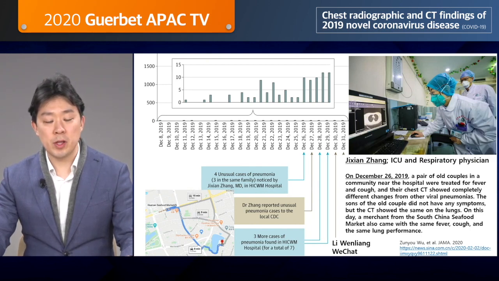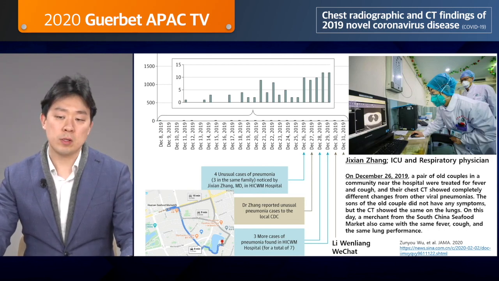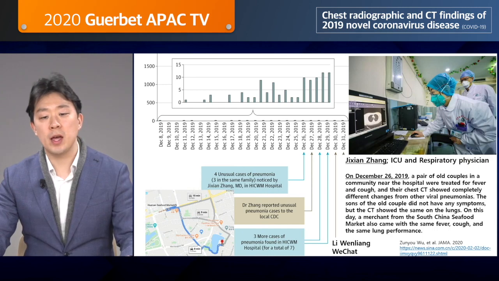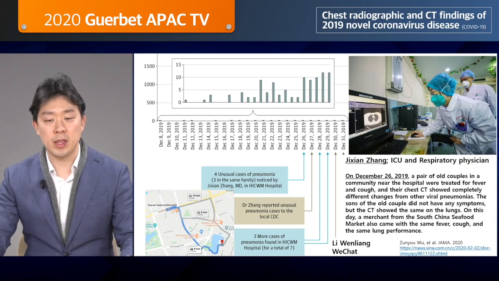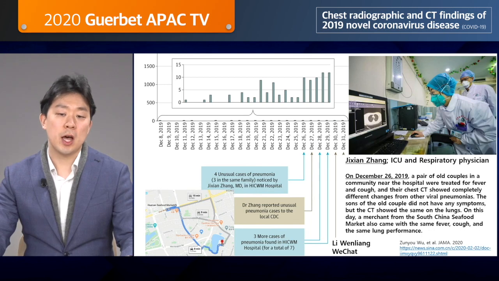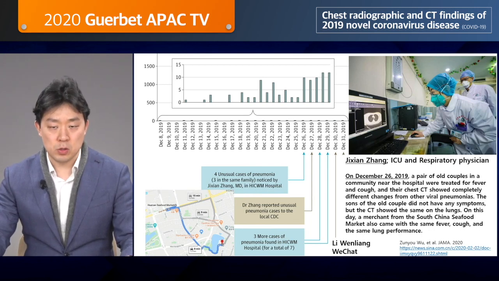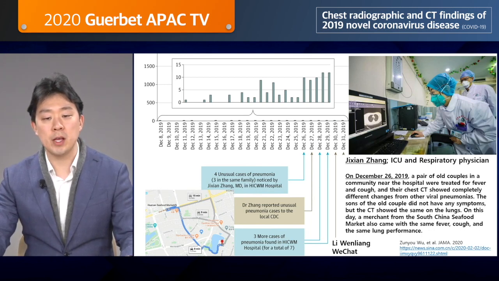On December 26th, at a hospital, a couple was suspected of having viral pneumonia, and their son had no symptoms, but CT showed similar findings. And one seafood market merchant also showed similar findings. Dr. Zhang reported this to the hospital, then similar patients continued to be seen.